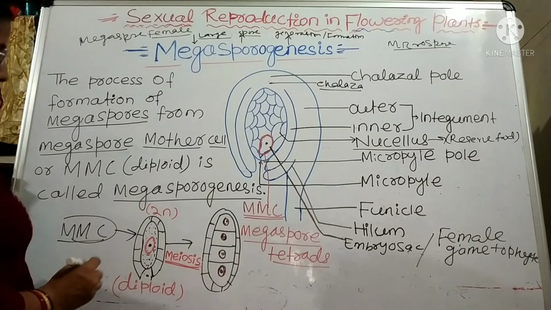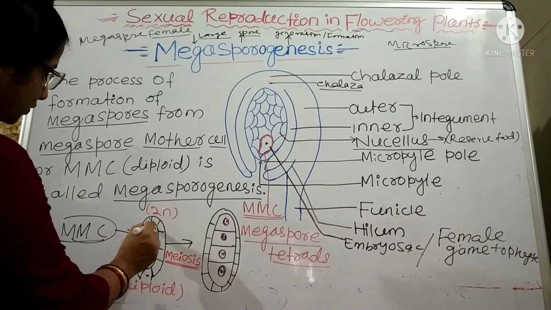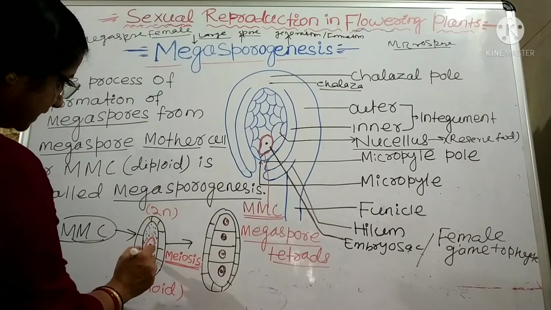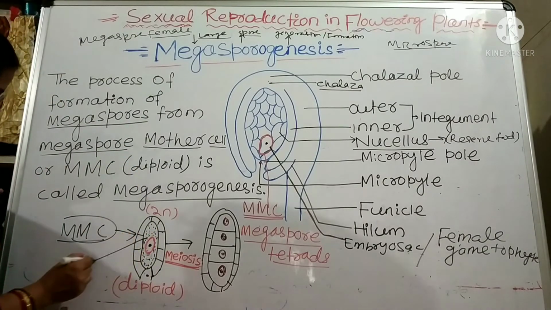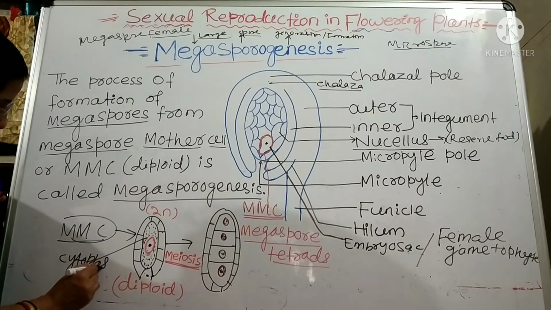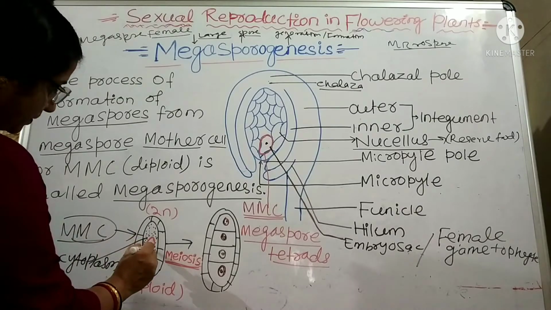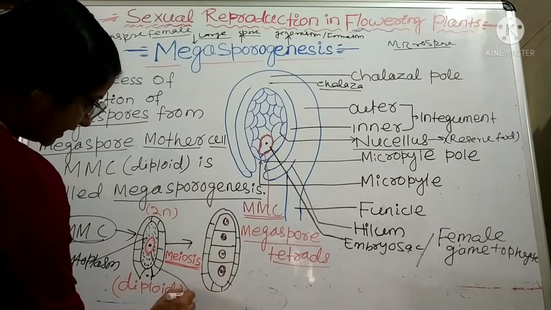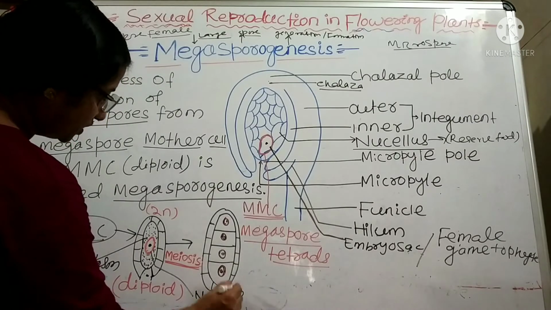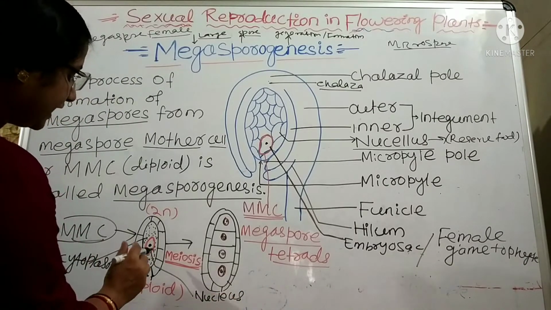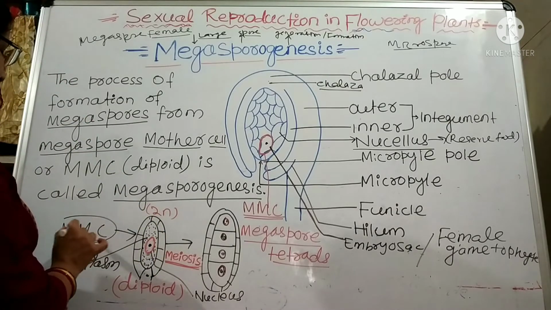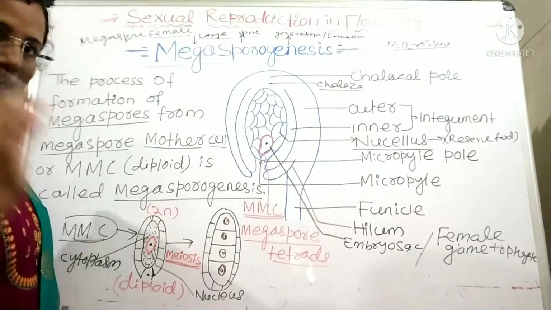Here the megaspore mother cell is filled with dense cytoplasm, and a prominent, clear nucleus is present inside this cell.